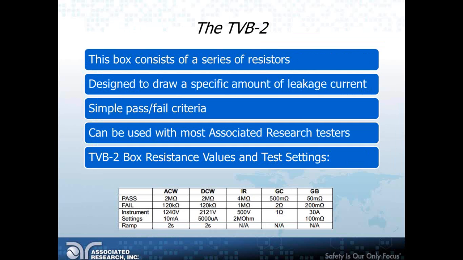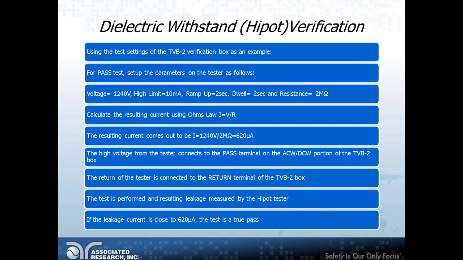So we're going to use a voltage of 1240 for an AC test, and as we know, the fail circuit in this box includes a 120,000 ohm resistor, and the pass circuit utilizes a 2 mega ohm resistor. So we have a 2 meg on the pass side and 120 k ohms on the fail side. The Hipot unit would then be set for two separate tests.